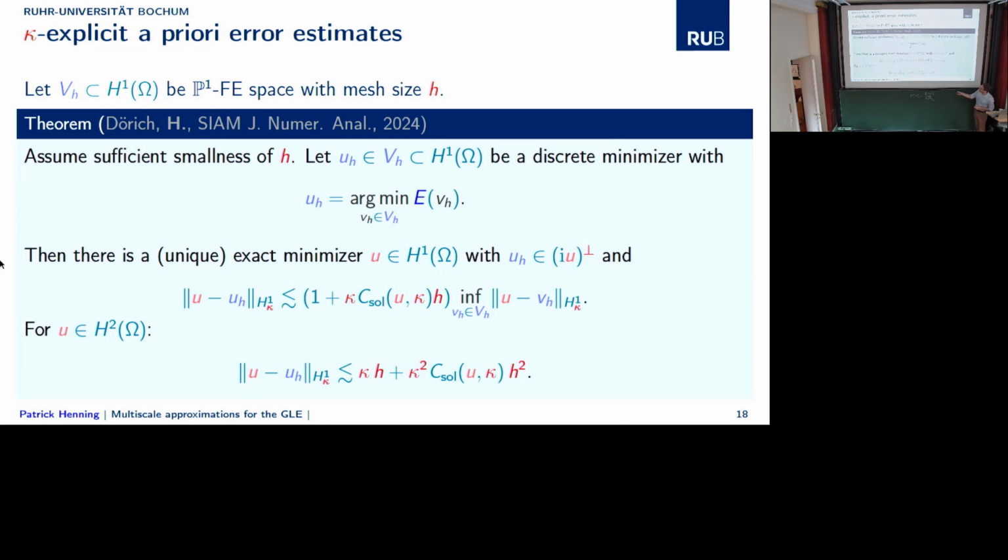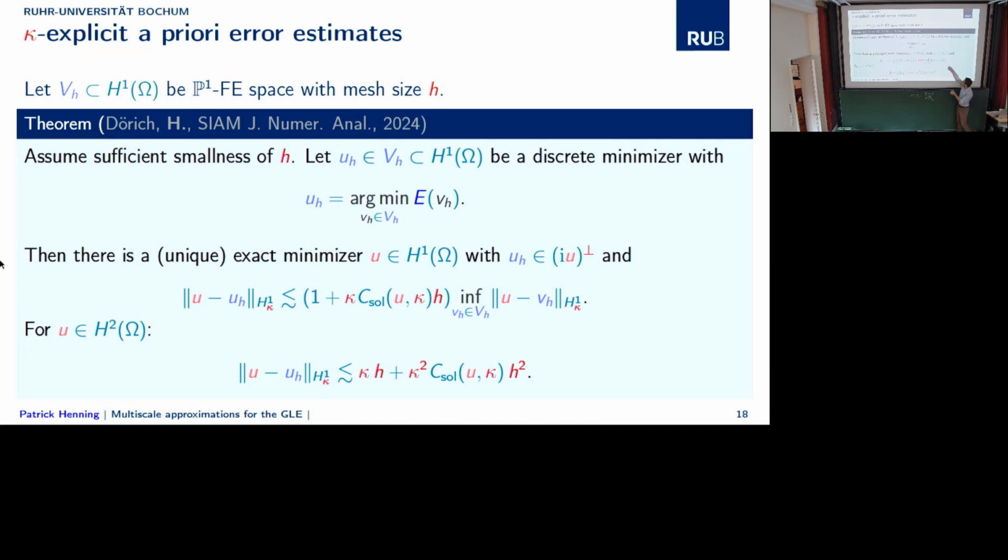So your error between U and UH behaves as the best approximation, but by a constant which depends on kappa and the im sub constant. And here you see it is not sufficient that H compensates for 1 over kappa, but it also has to compensate the size of your im sub constant.